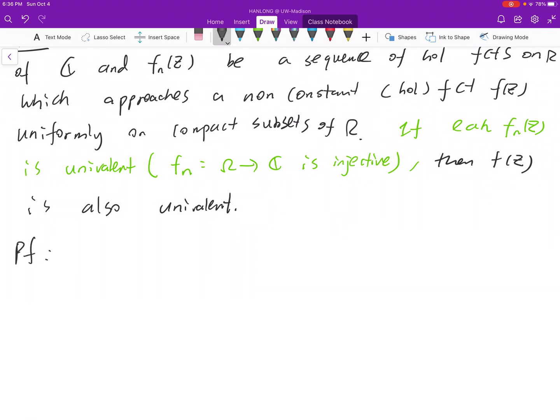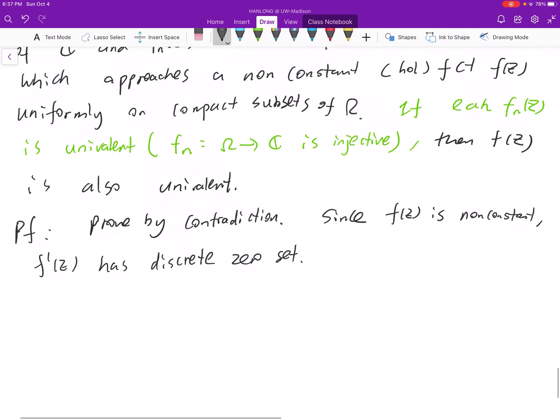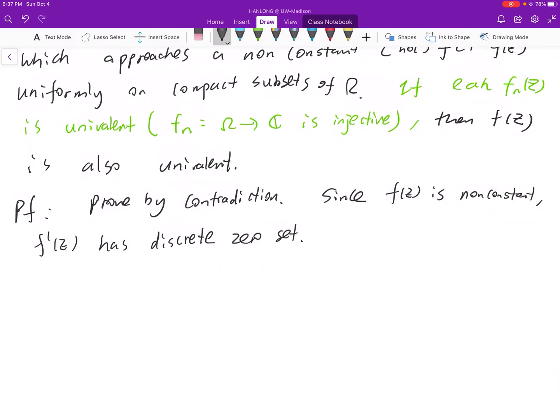So for the proof, we will prove by contradiction. First we note that since f(z) is non-constant, f'(z) has a discrete zero set. That means the zeros of f' are discrete.